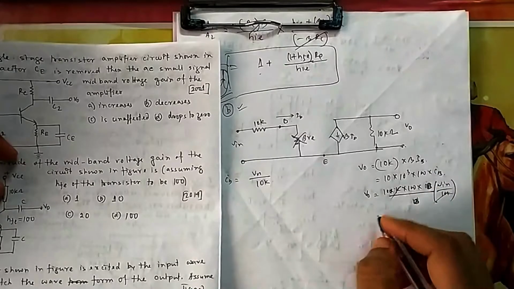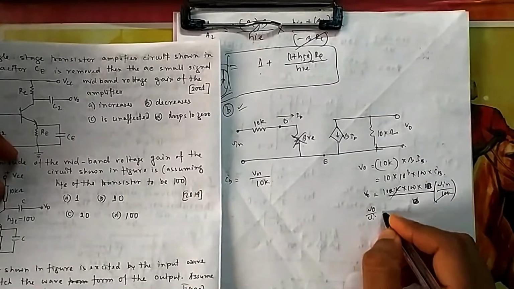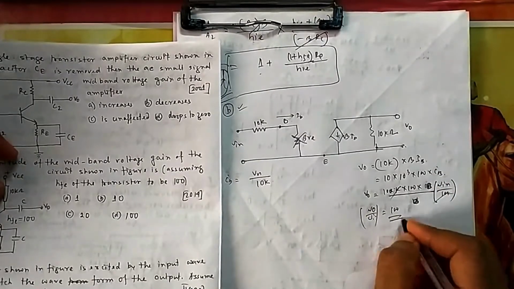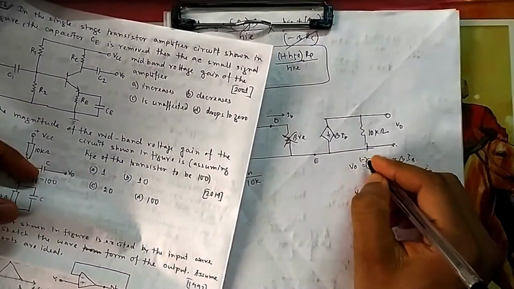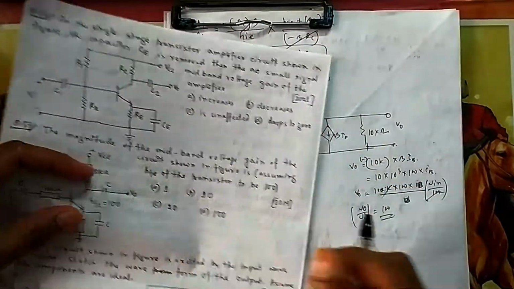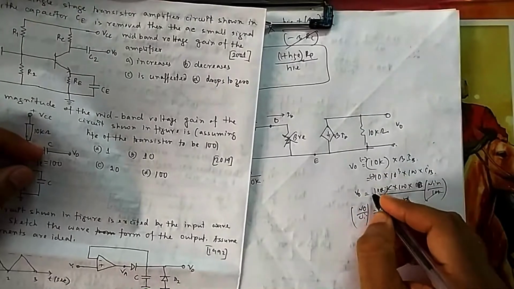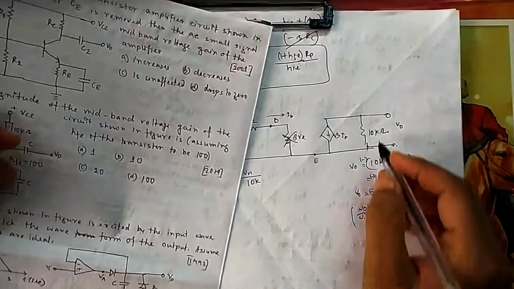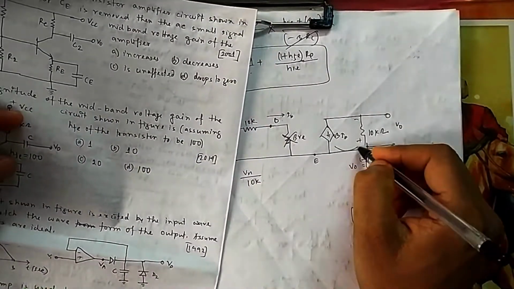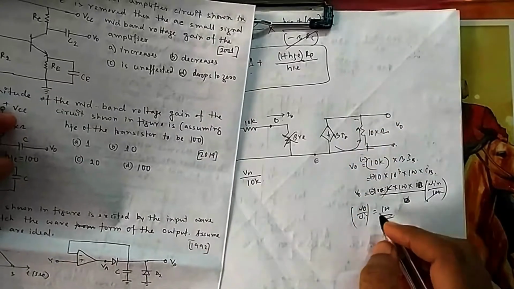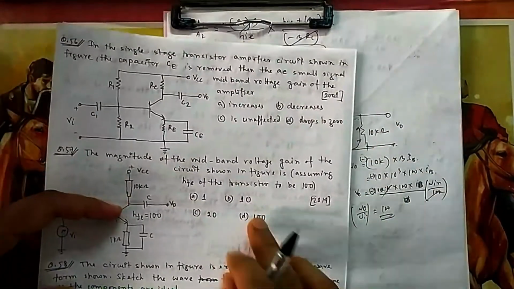The 10 kilo got cancelled, so V0 by V in is equal to 100. So this is the gain, and you can think this is minus also. If they are asking just the magnitude, the actual gain is minus 100 because of the direction in which the current is flowing. If you are taking only the magnitude, then it is 100.